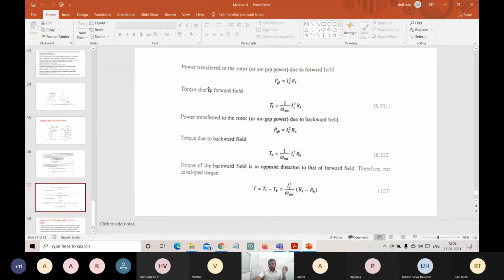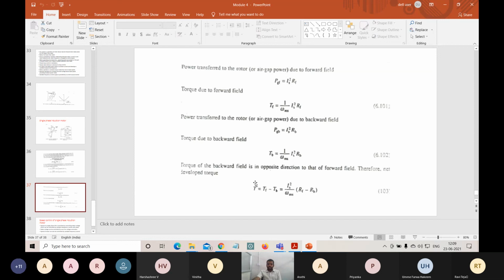So the power transferred to the rotor P is equal to I square R or V square by R. Anything we can use, just apply Ohm's law to the field, and torque is proportional to I square. So as I told, T is directly proportional to I square, T is directly proportional to V square, I is directly proportional to V. So that is the relationship.